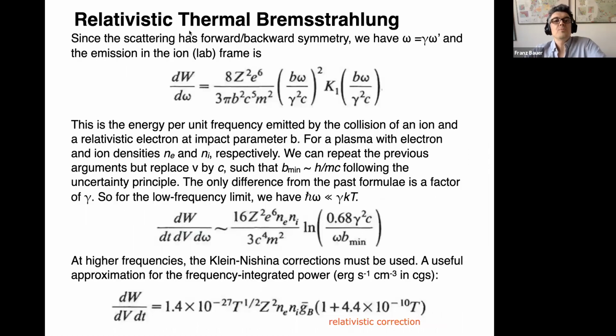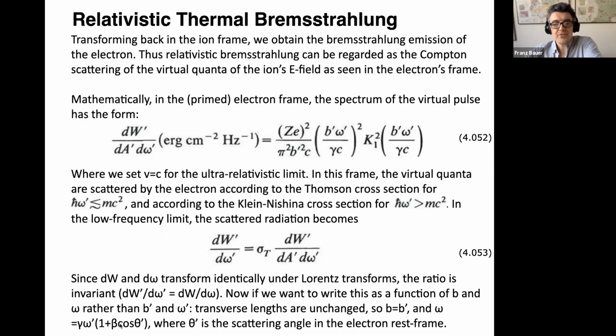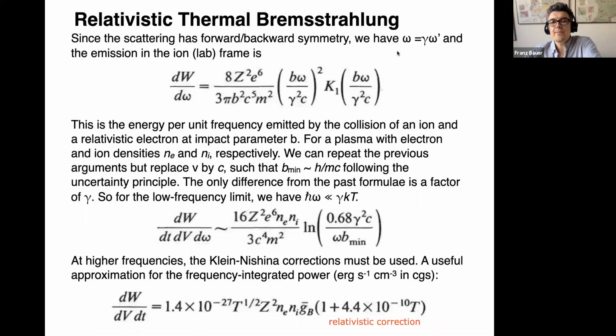Okay, so plugging those two things in, we can also notice that this particular thing has front-back symmetry, and so if we average over that, we'll end up with something like this. And so the emission in the ion frame now should look like this. And so we have an extra factor of gamma here in this conversion.